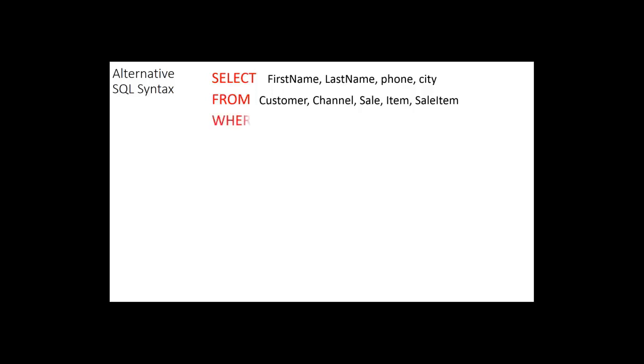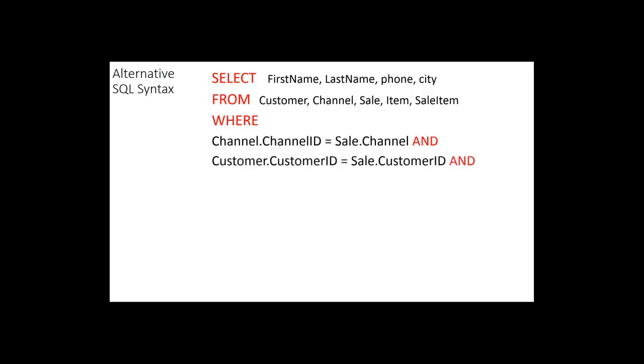In where clause, first we pair channel and sale tables, and then customer and sale, then item and sale item, then sale and sale item.